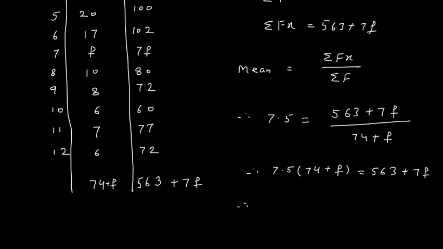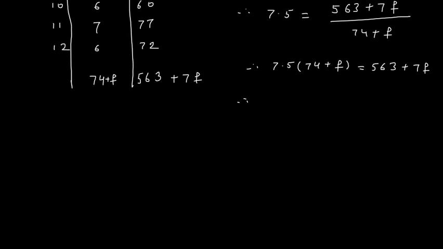So therefore, 7.5 into 74. Okay, so here let us do the calculation. 7.5 and 74. So 4 5s are 20, 4 7s are 28 plus 2 is 30, then 7 5s are 35, 3 carry, 7 7s are 49, 49 plus 3 is 52.